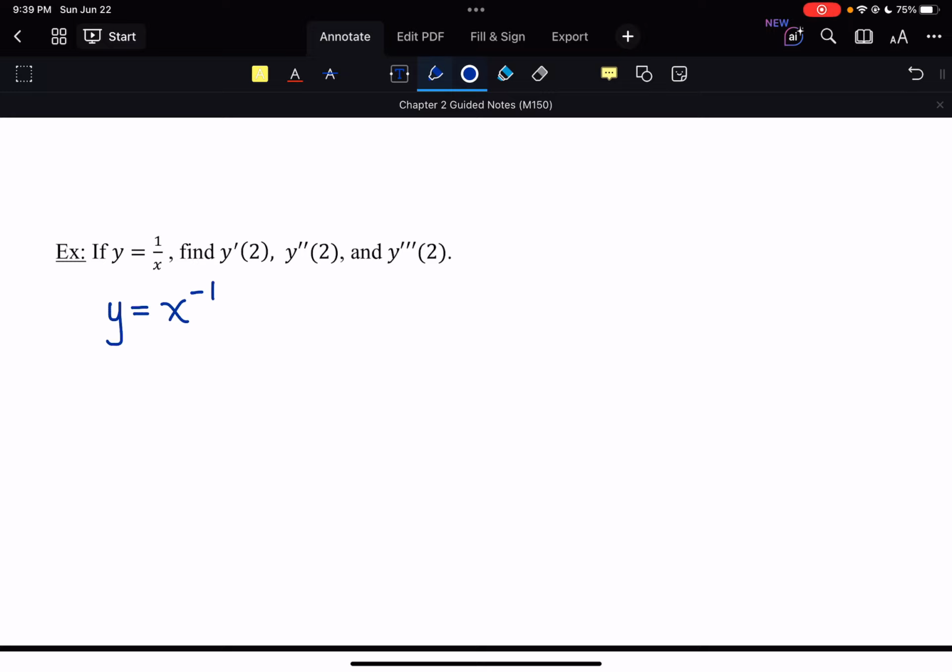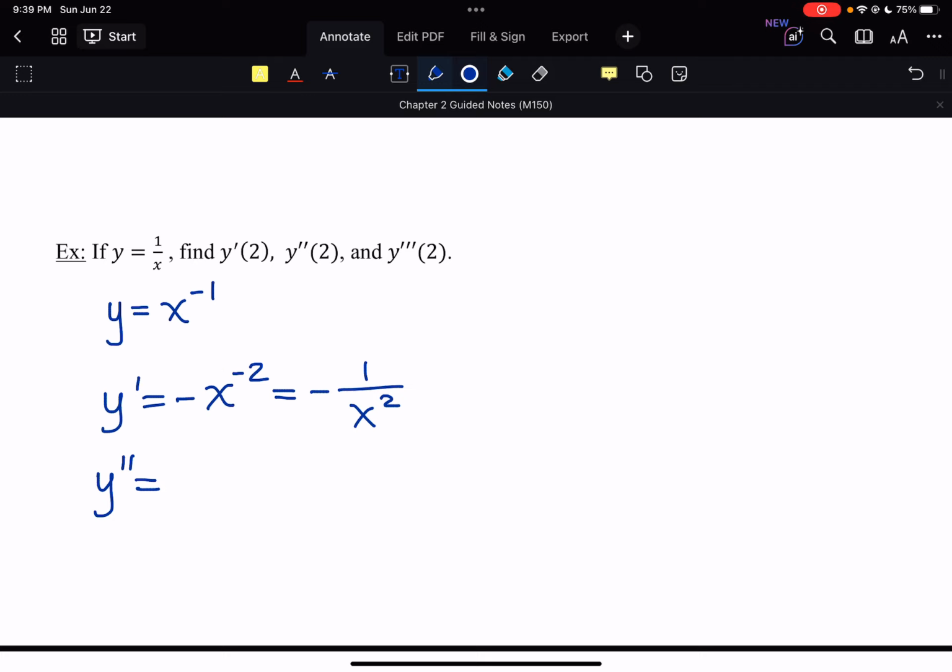We write this as a power function so that we can differentiate. So for y prime, we bring down the negative 1 and subtract 1. So that's negative x to the negative 2, or negative 1 over x squared. For y double prime, we do the same thing.